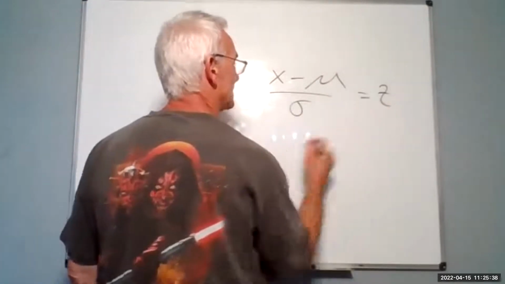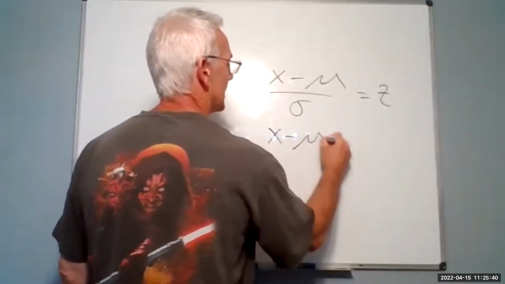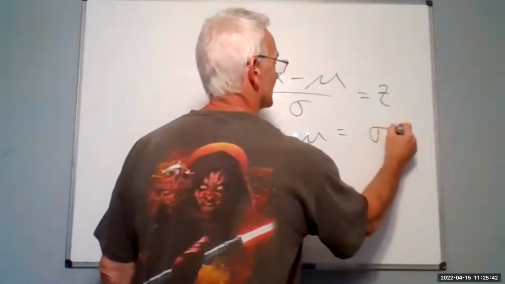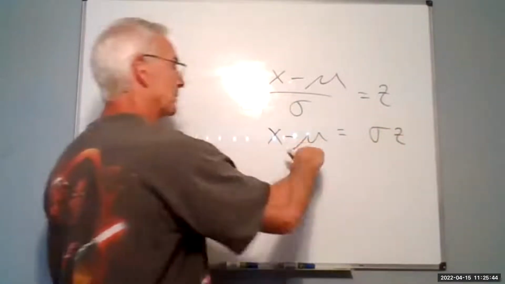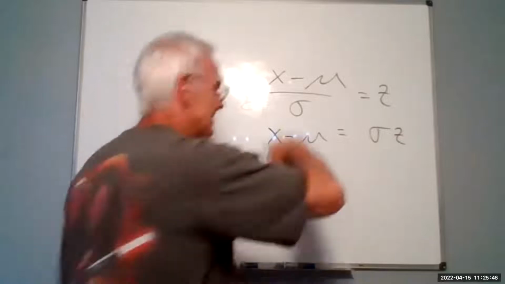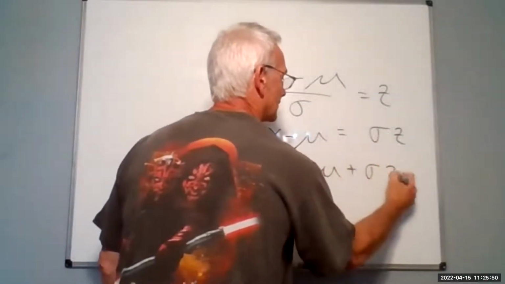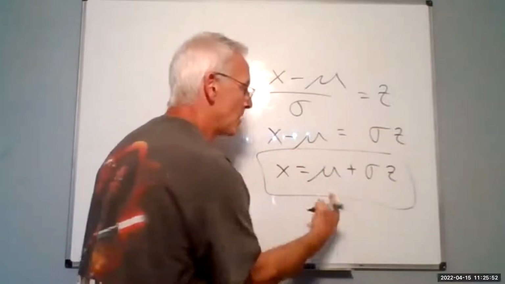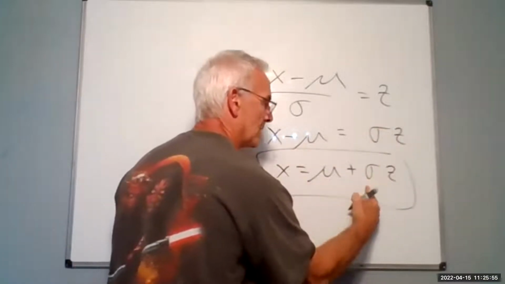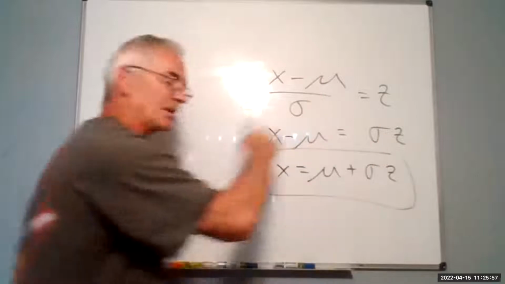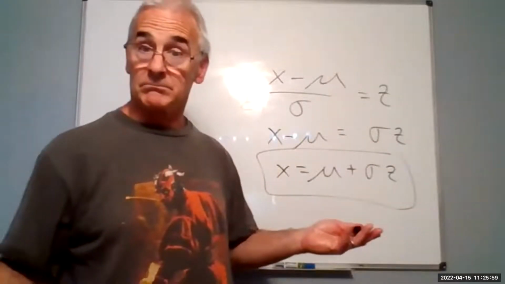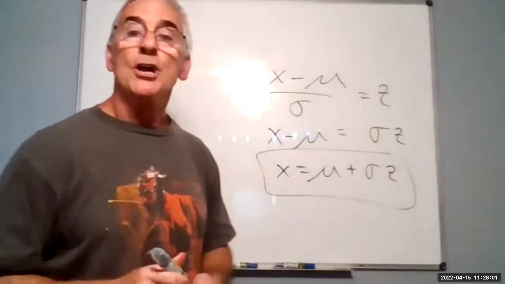First, multiply both sides by sigma. Then I have X minus mu equals sigma times Z. Now add mu to both sides and I'd have this. So if I know mu, I know sigma, and I know a Z, I can tell you what score you need. I'm just working backwards.